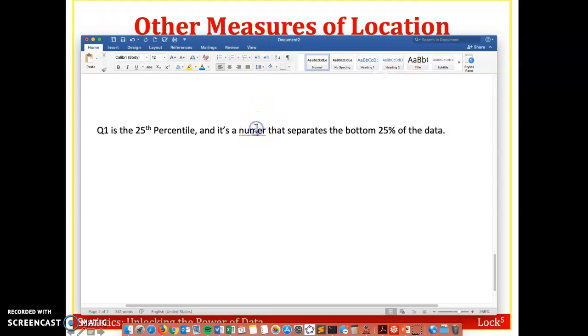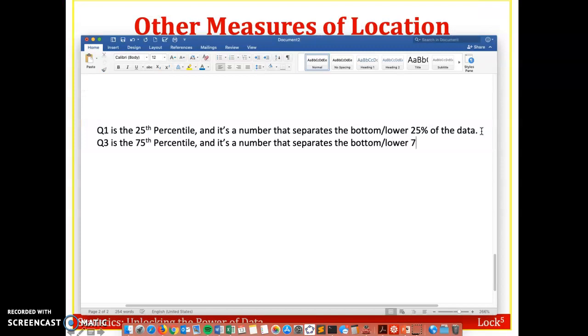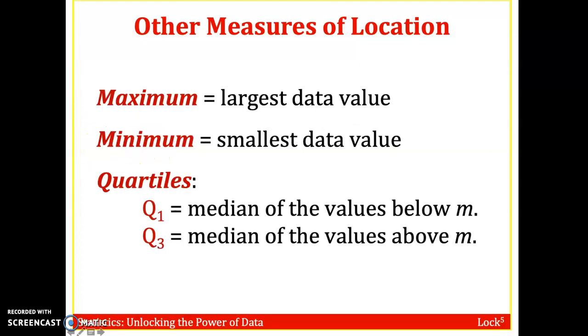So if you were to sort your data, this 25th percentile separates the lower 25% of the data. And Q3 is the 75th percentile. And it's a number that separates the lower 75% of the data. So it's another way to think about this. I actually like these definitions a little bit better. Think about splitting up your data into quarters, basically. That's why they're called quartiles.